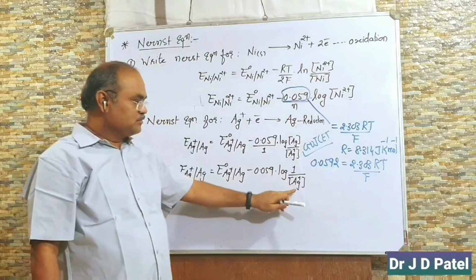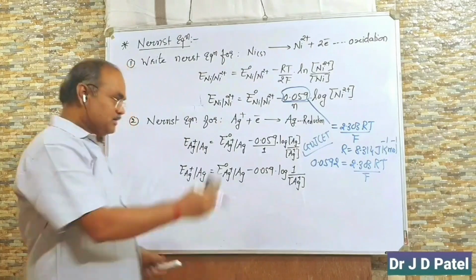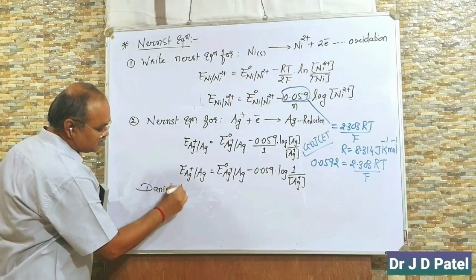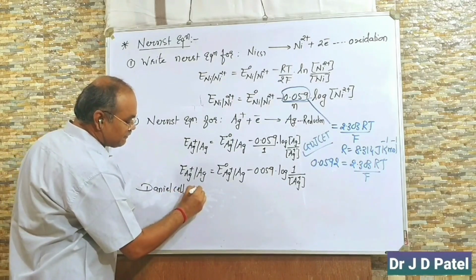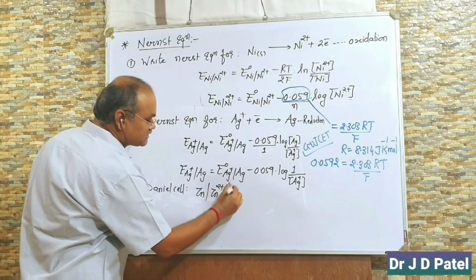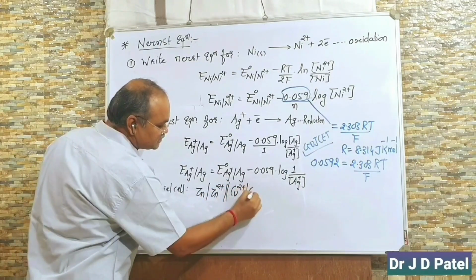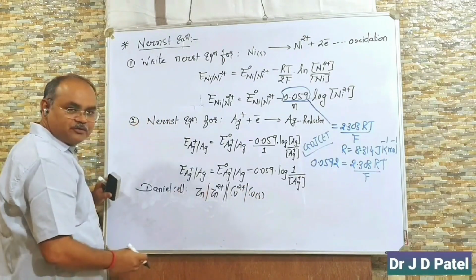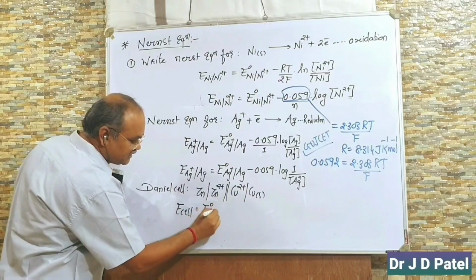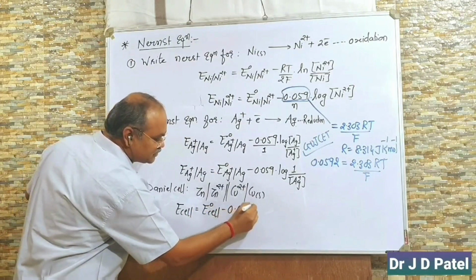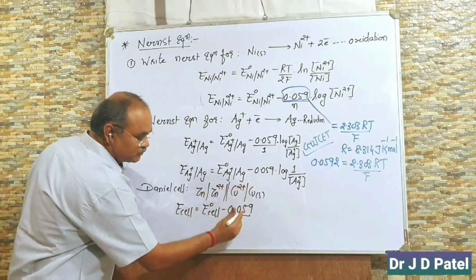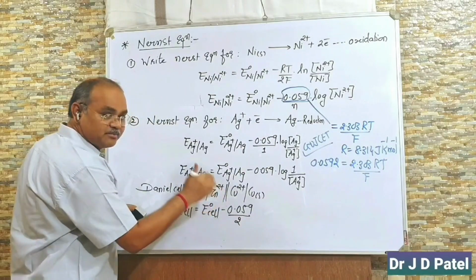The earlier case, Daniell cell. What was our Daniell cell? Zn oblique Zn2 plus double slash Cu2 plus oblique Cu solid. For this, if you want to write the Nernst equation, you can write E cell is equal to E0 cell minus 0.059 by, now you can tell me, the number of electrons transferred is 2. Zn gives Zn2 plus by losing 2 electrons. Cu2 plus gives Cu by gaining 2 electrons.